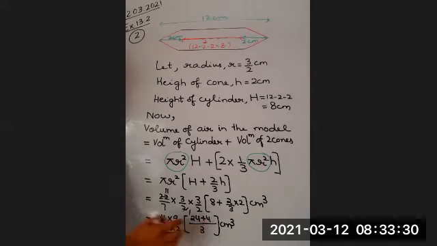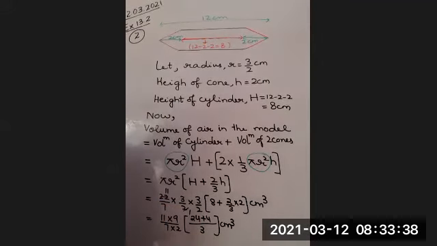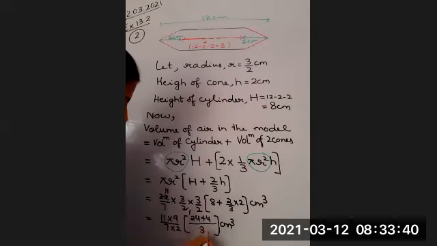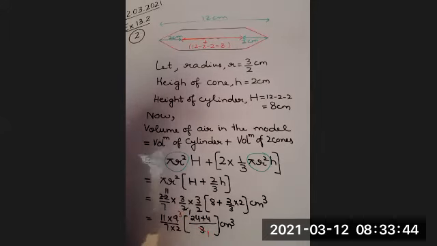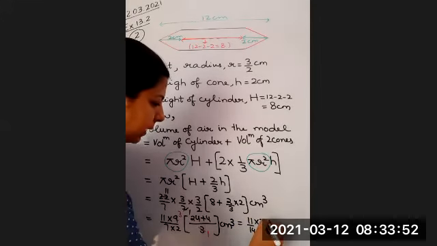Now 24 plus 4 is 28. Now see, can you cancel this 3 and this 9? Yes, ma'am. Now 7 into 2 is 14, and 24 plus 4 is 28.